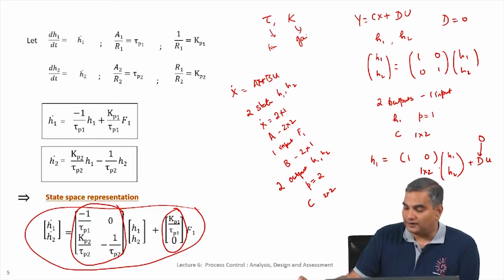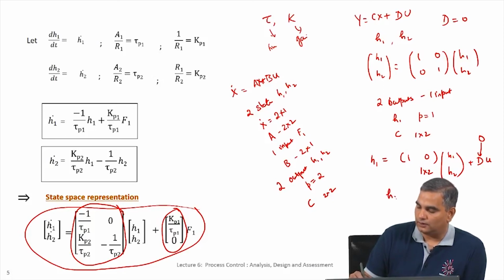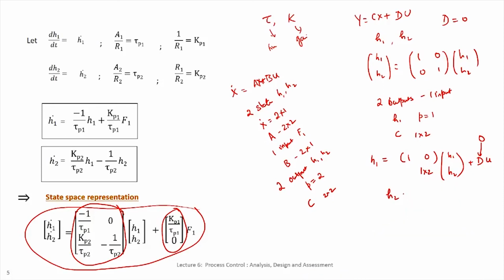Now, for some reason, if your interest is in controlling H2, so the output is H2, then you will write H2 equals [0 1] times [H1; H2], and similarly D is 0. You notice that the C matrix differs slightly depending on what your output is.